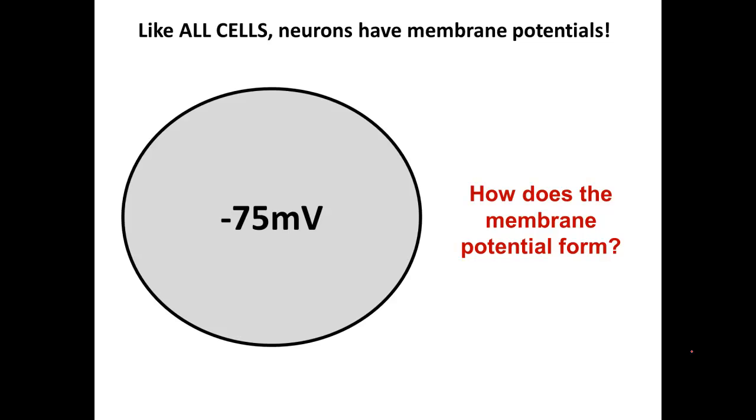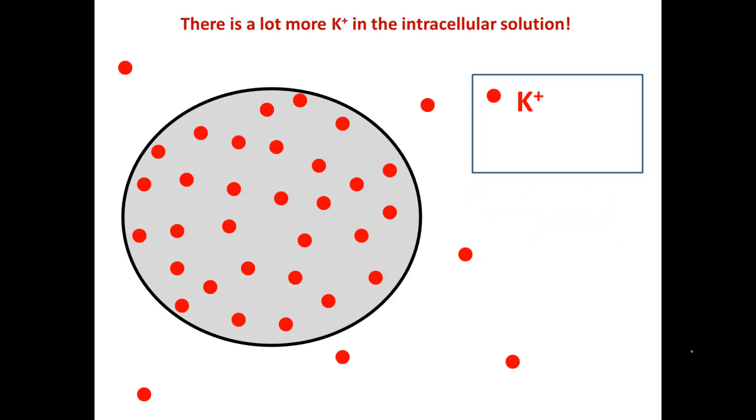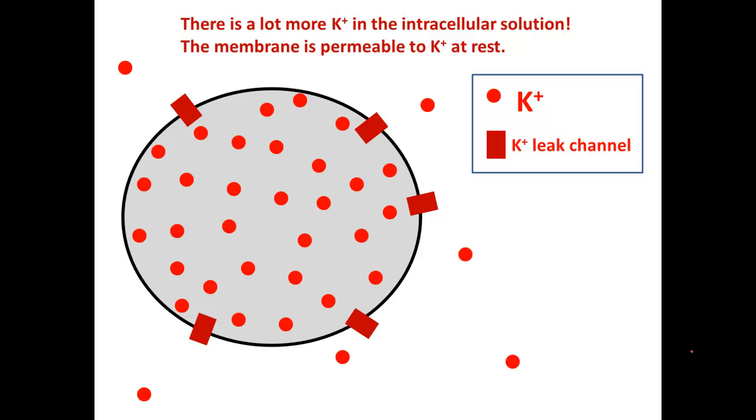So we're just going to recap that very briefly before we move on. Remember that there is a lot more potassium in the intracellular solution relative to the extracellular solution. And in addition, the neuronal membrane is permeable to potassium ions at rest because there are potassium leak channels in the neuronal membrane.